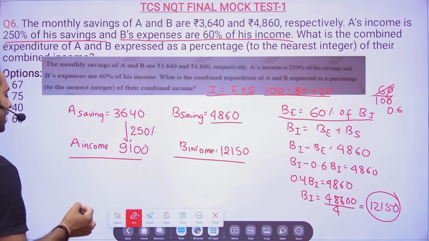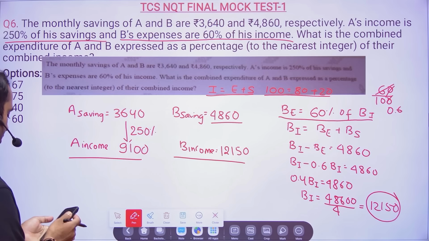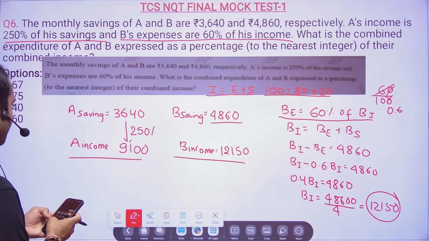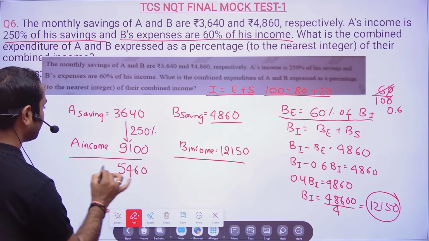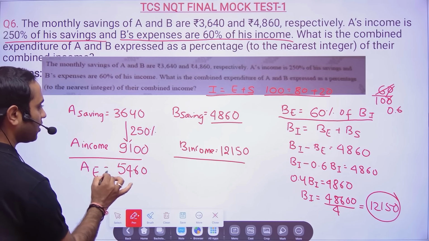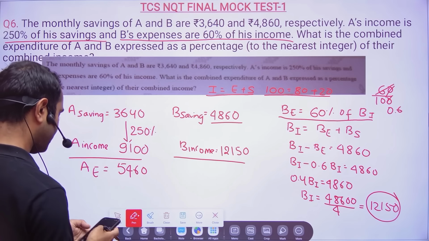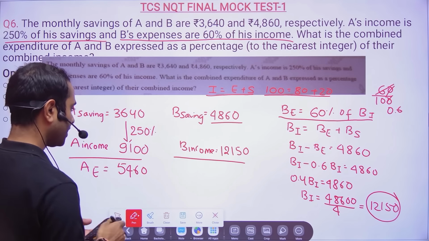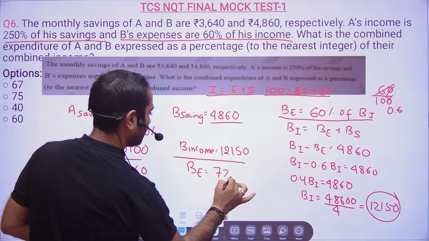Okay, so can we get their expenditure? Yes. Here we have got saving and income, so the expenditure will be 9100 minus 3640, which is 5460. That is A expenditure. What about B expenditure? B expenditure is 12150 minus 4860, which is 7290.